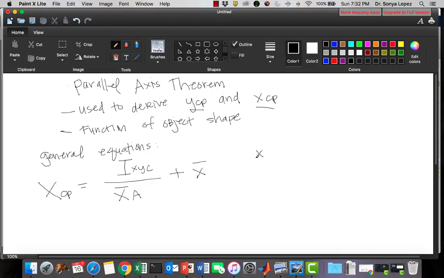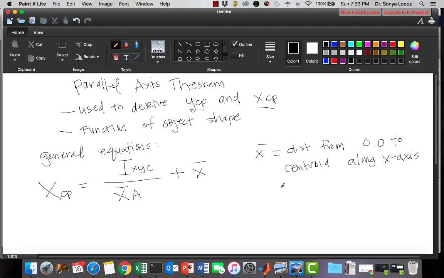So X bar is your distance from your 0, 0 to the centroid, right, along the x-axis.